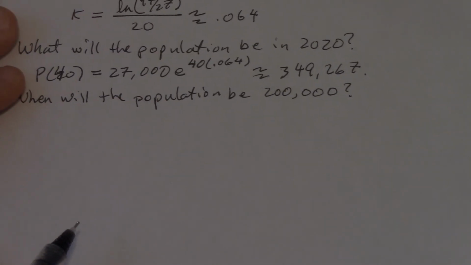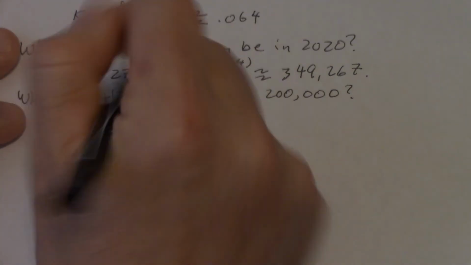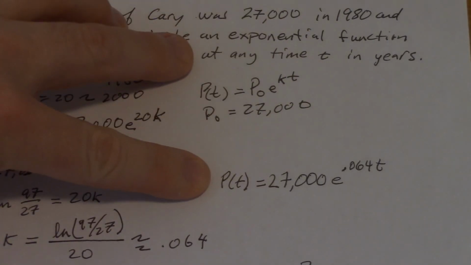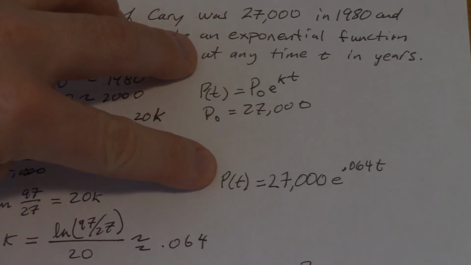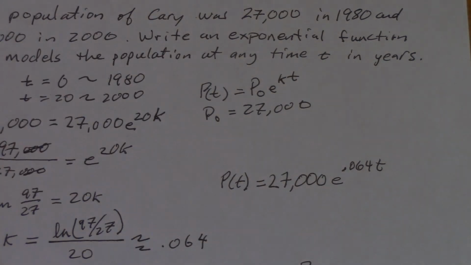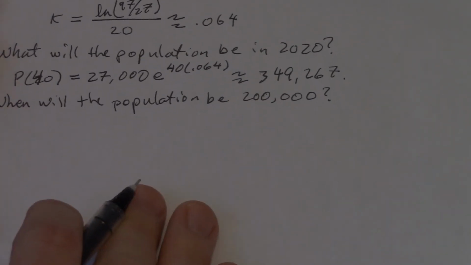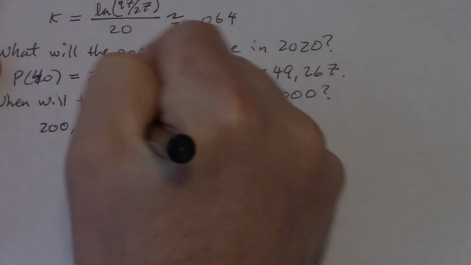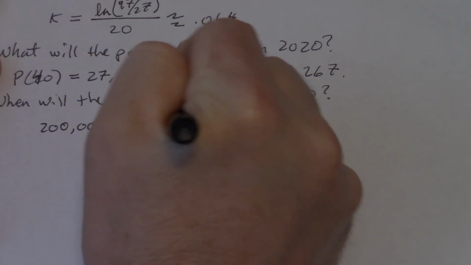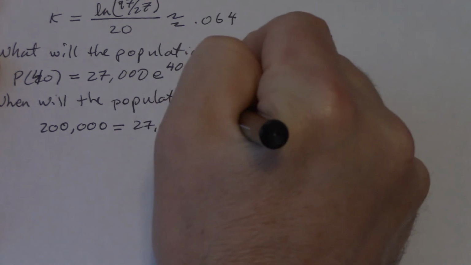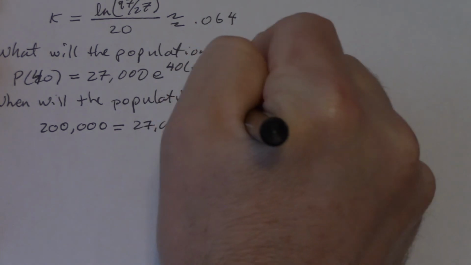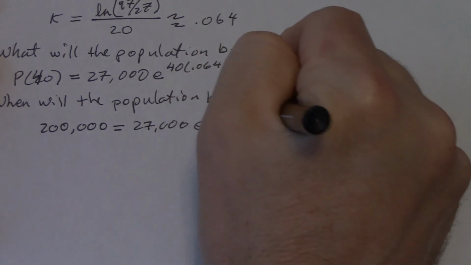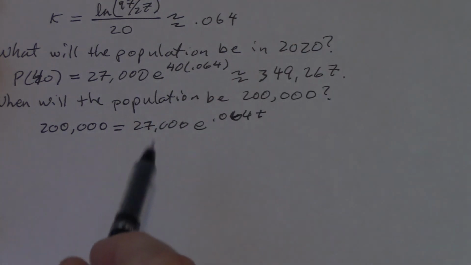All right, so here's how we're going to solve that. We're going to take our model and replace the P of t with 200,000, and then we're going to solve for t. So 200,000 equals 27,000 e to the 0.064t.